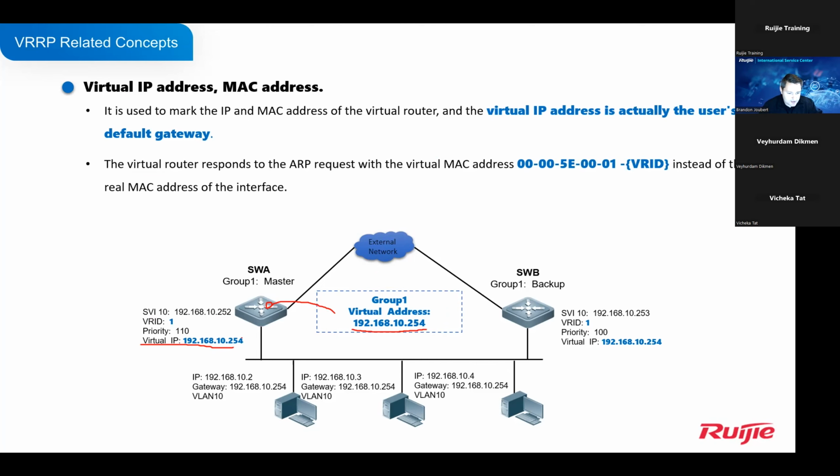This MAC address will actually be shown in these PCs' ARP tables. If you do an ARP lookup, you will find the gateway address with this MAC address linked to it. VRRP will not actually use the MAC address of the interface of the master switch.